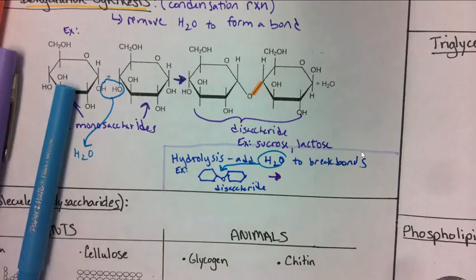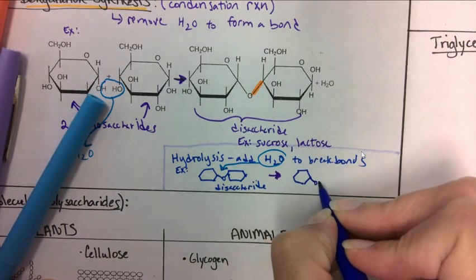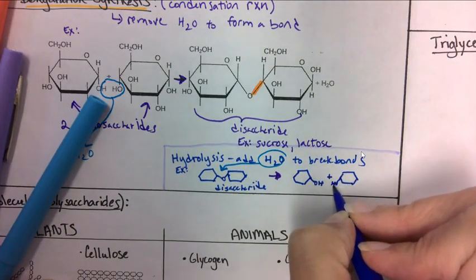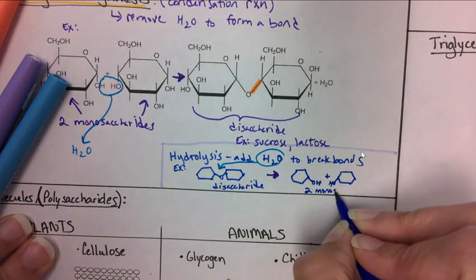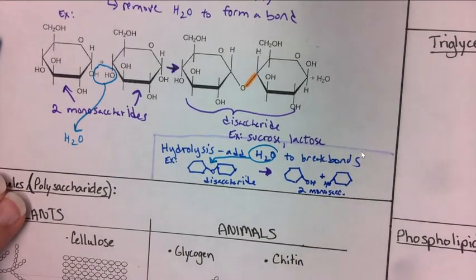So now you have 2 monosaccharides. So when you're digesting your food, this is what's happening. Okay, so now we have 2 monosaccharides. So this process is reversible, but it does usually involve 2 different enzymes.